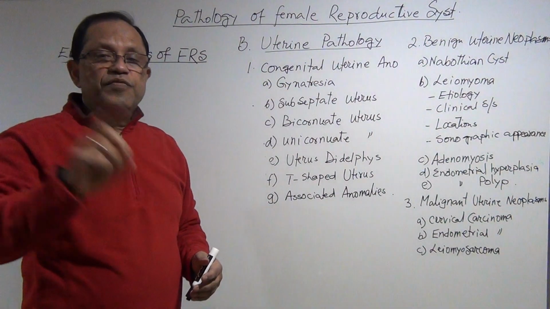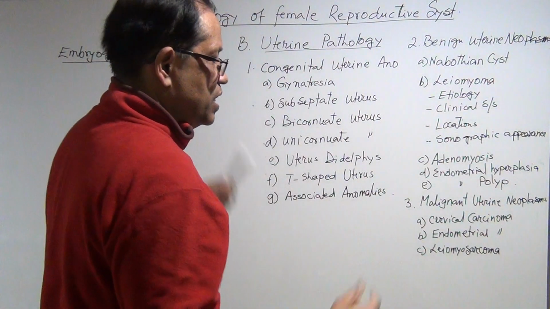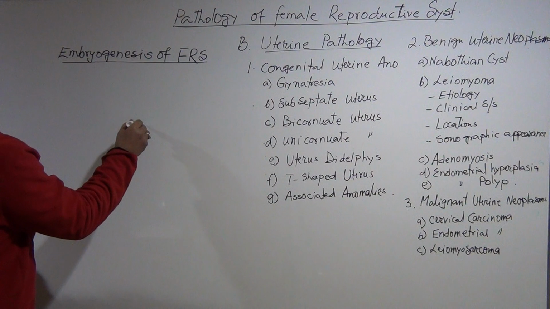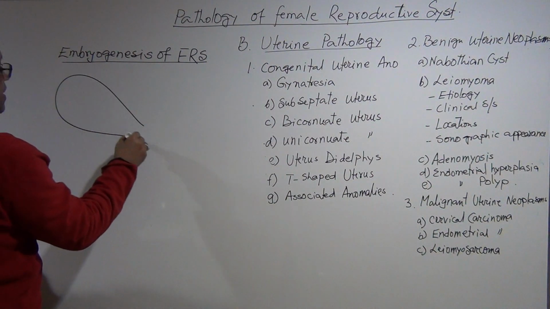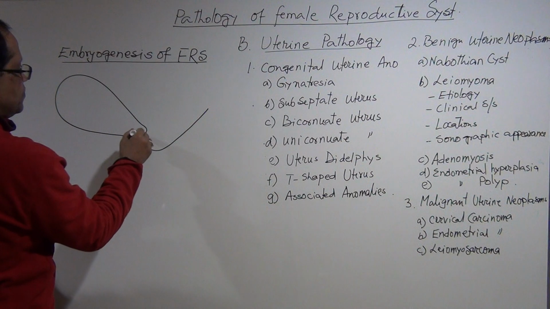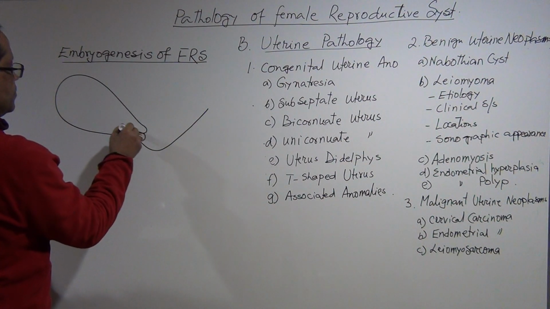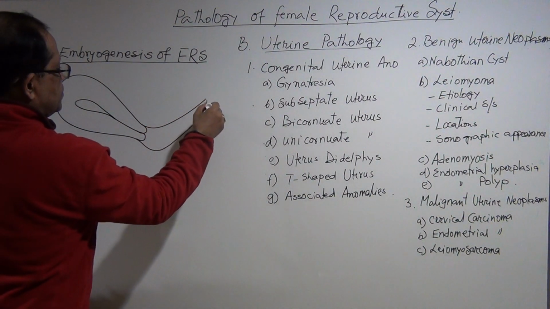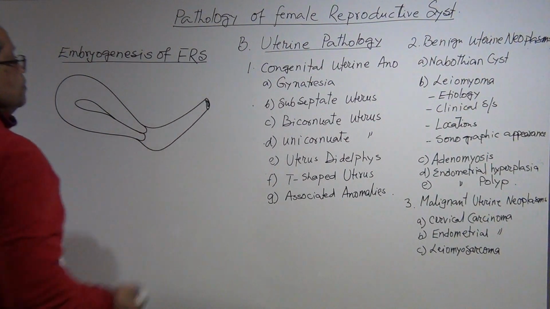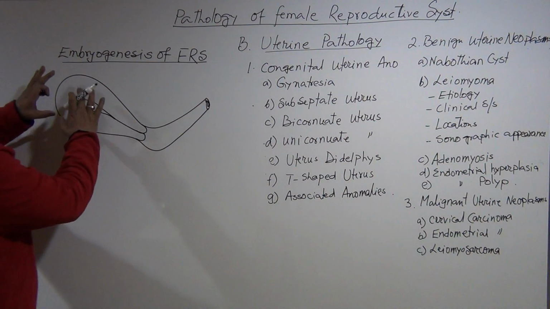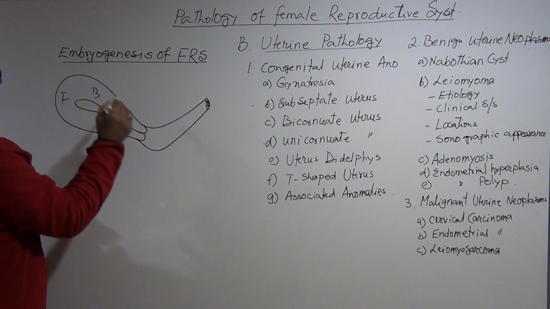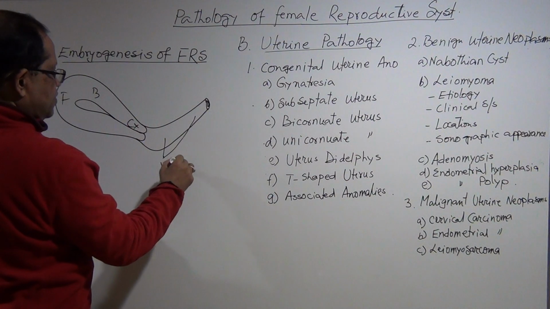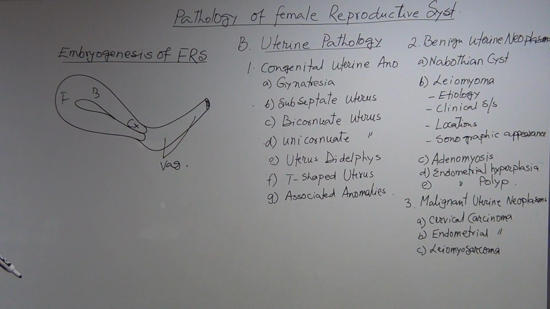Atresia means failure to develop. Atresia. So normally what happens? We see the uterus, this is nice uterus, the fundus, body, cervix and vagina. Okay.